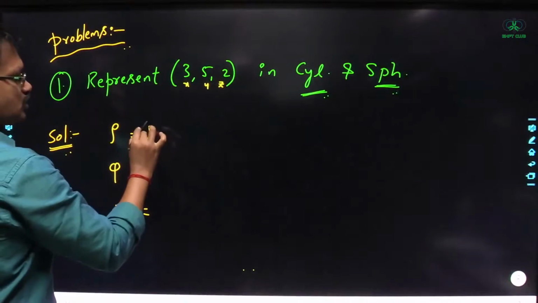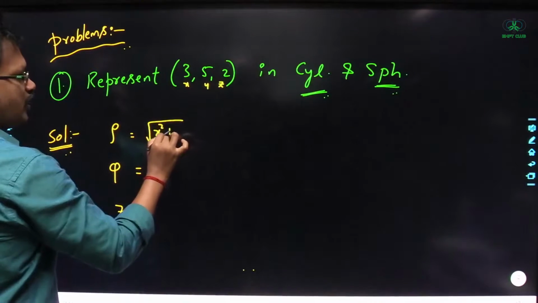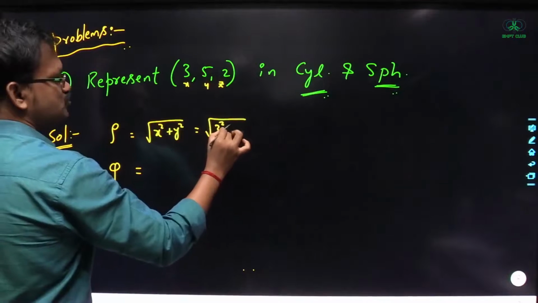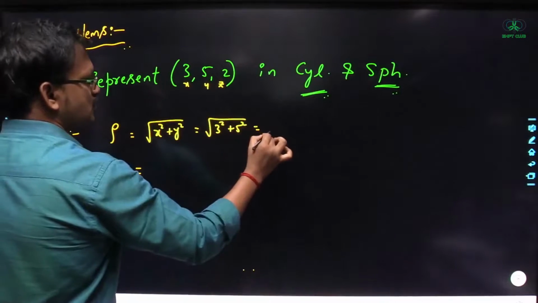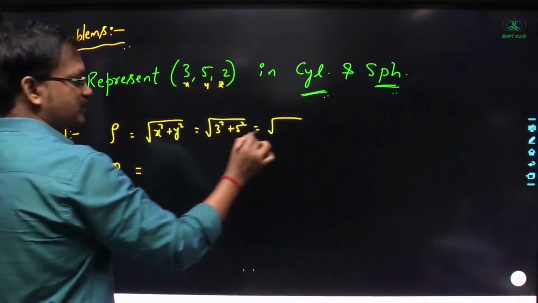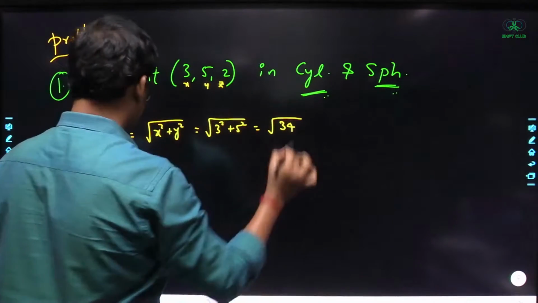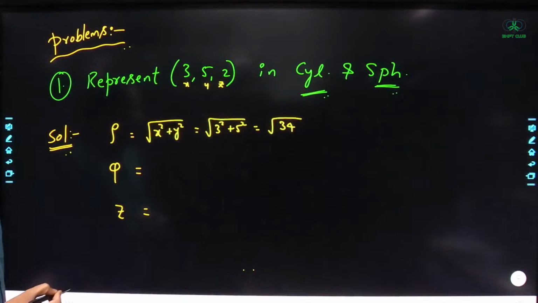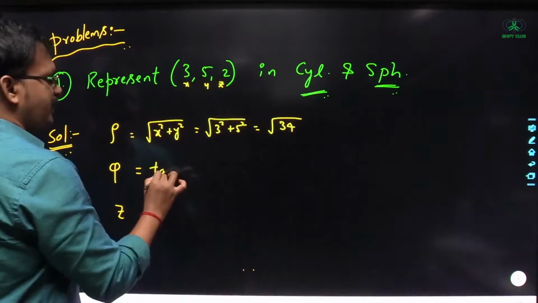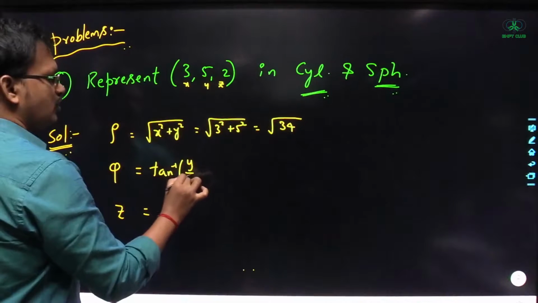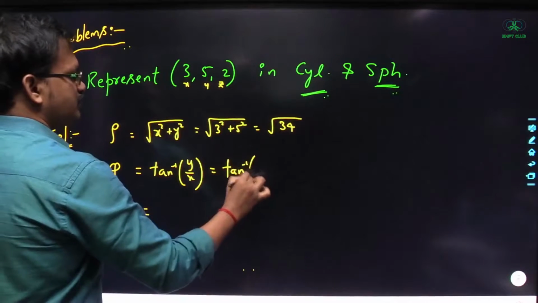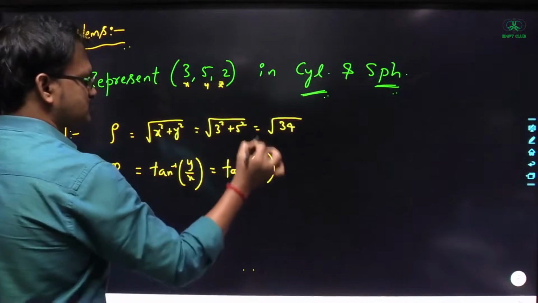So rho is equal to the square root of x square plus y square, which is equal to the square root of 3 square plus 5 square, which is the square root of 9 plus 25. 9 plus 25 is 34. So rho is equal to the square root of 34. Next, phi is equal to tan inverse of y by x, which is tan inverse of 5 by 3.